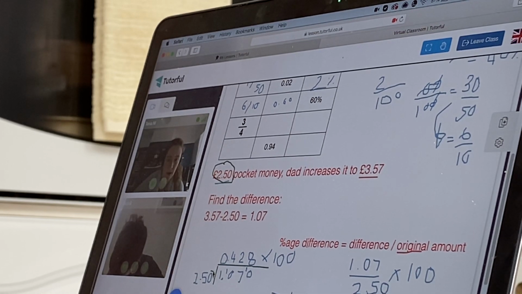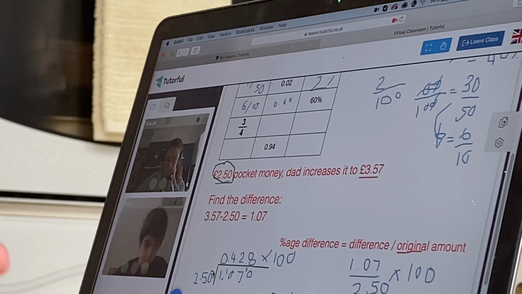So it increases by 42.8%. Multiply 0.428 by 100. Yeah, because that's the decimal, and we want to convert this to the percentage. Hold on.